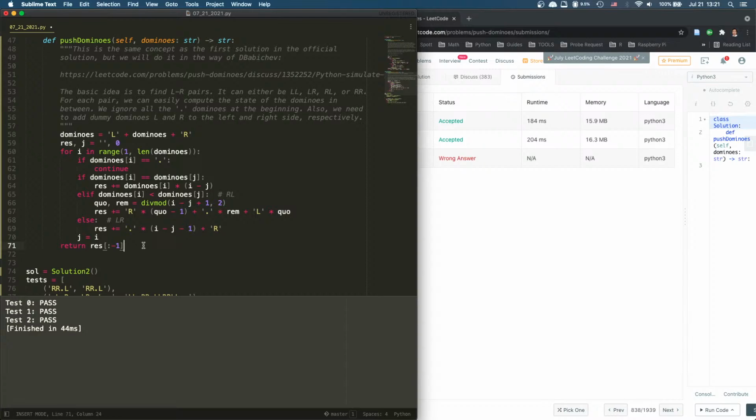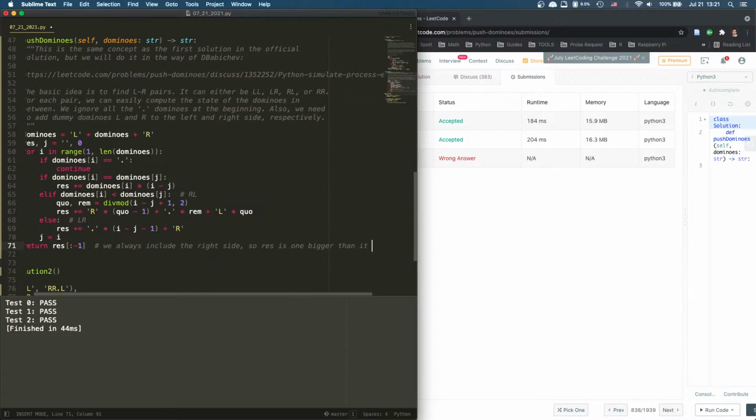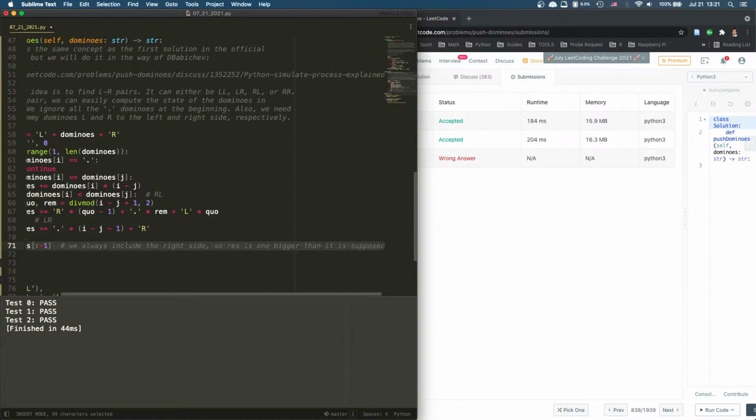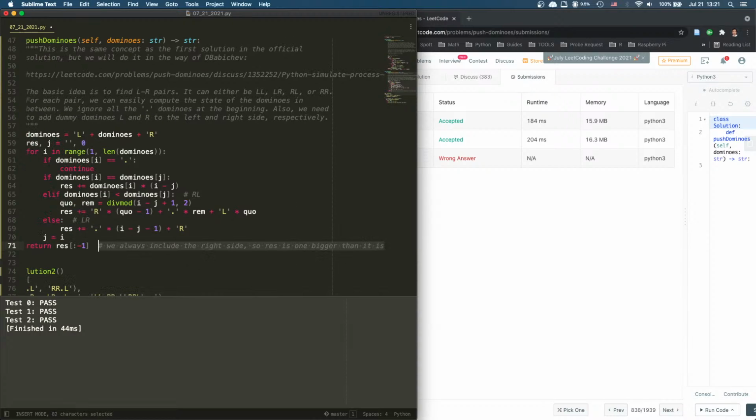Best way is put it here. We always include the right side. So the res is one bigger than it's supposed to be. Yeah, that's the only thing I can say, whether it makes sense or not for the future self.